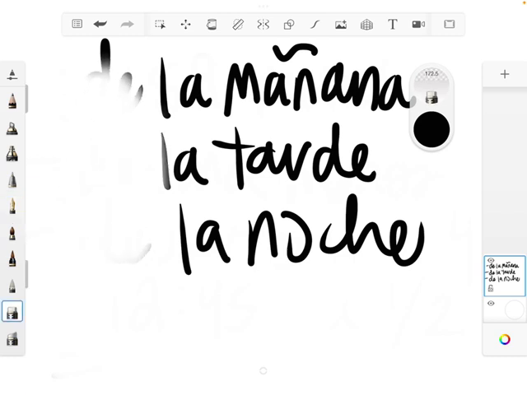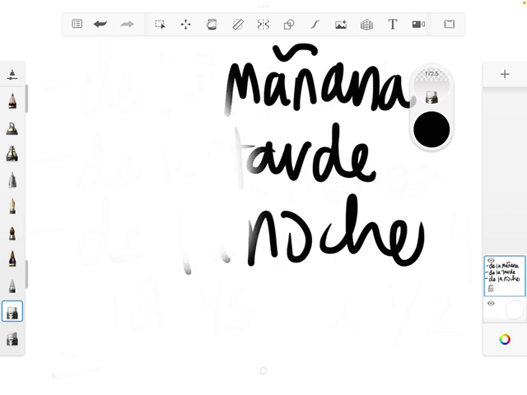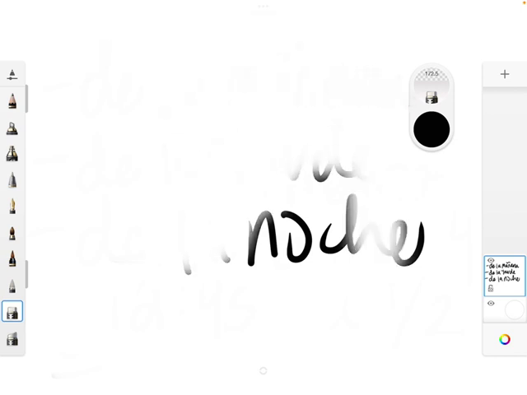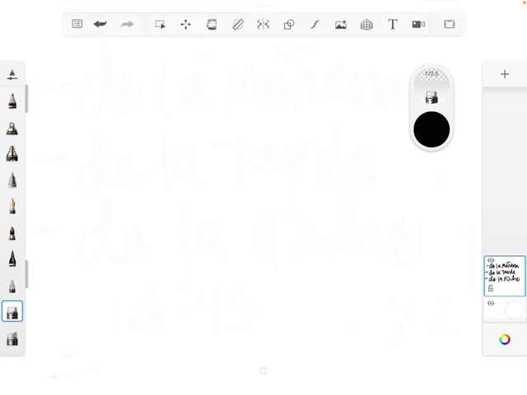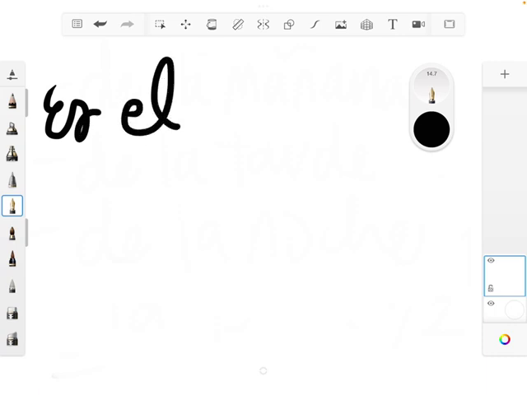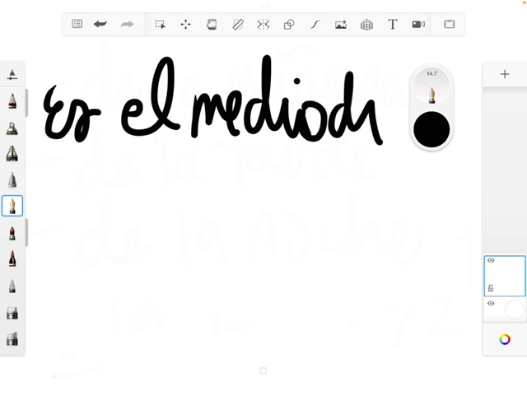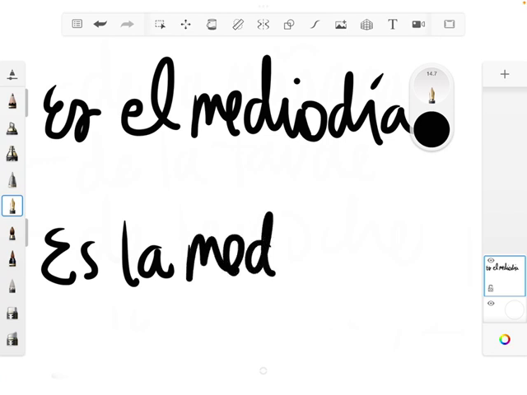Okay, we also have 2 other words that are going to be really useful for you, and those are midnight and noon. So in Spanish, we're going to say es el mediodía and es la medianoche.